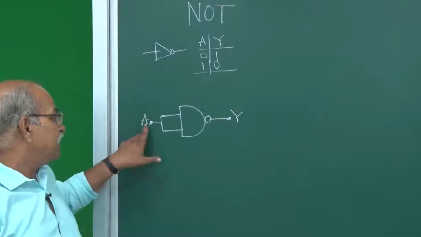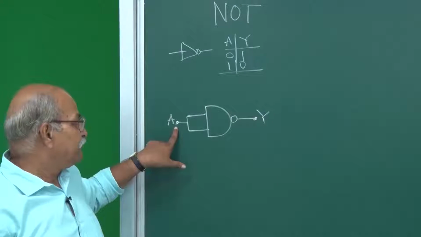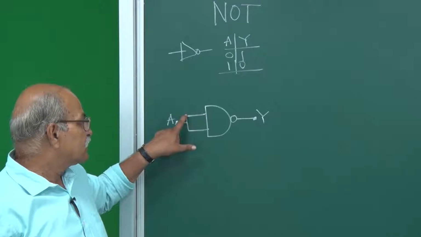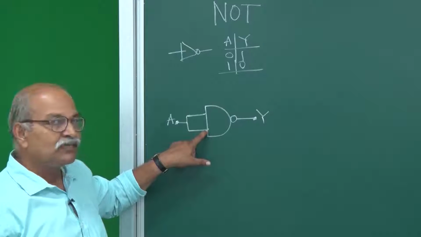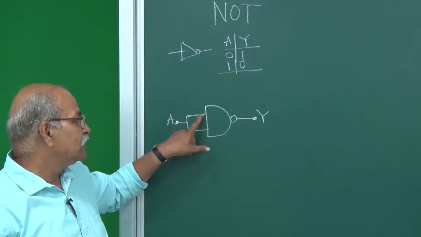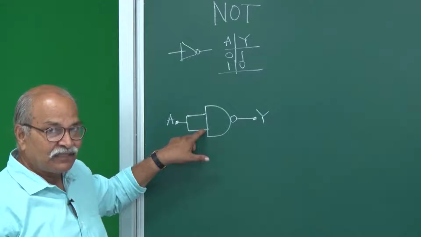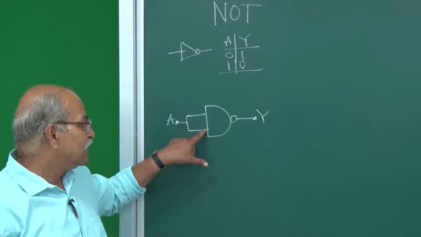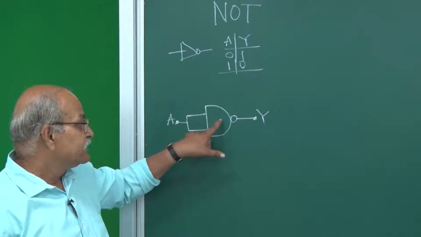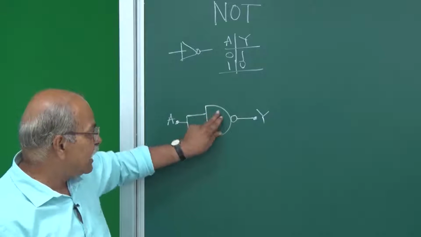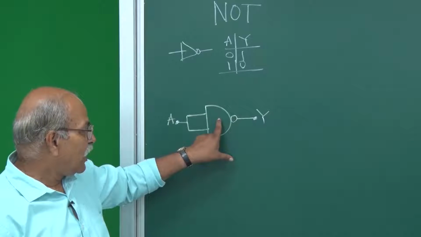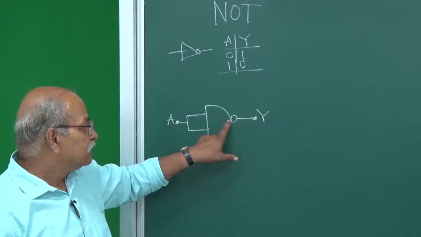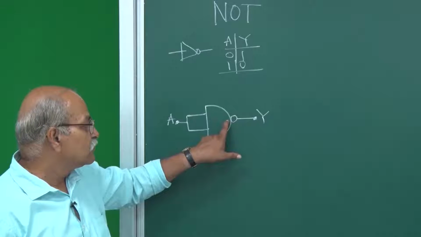So what happens if A is 0? If A is 0, in the first input you are giving 0. In the second input also you are giving 0. So 0, 0 AND operation will give me an output of AND as 0. So you can think of this as AND and then this is NOT. So AND will give you an output 0, and then the NOT will convert that 0 to 1.